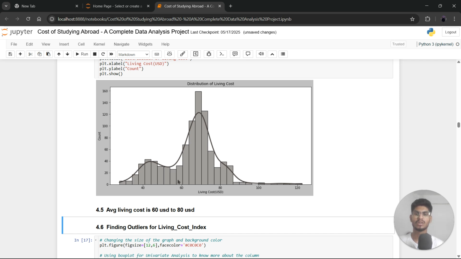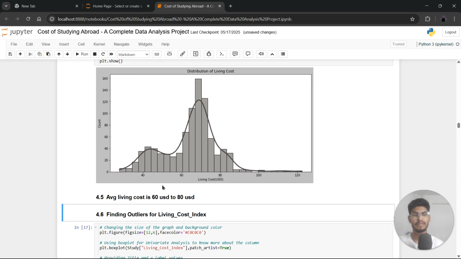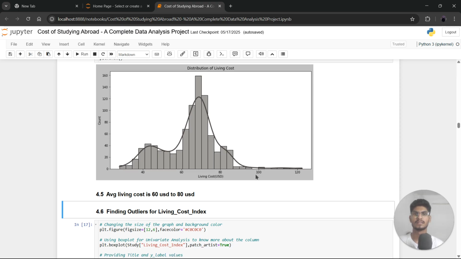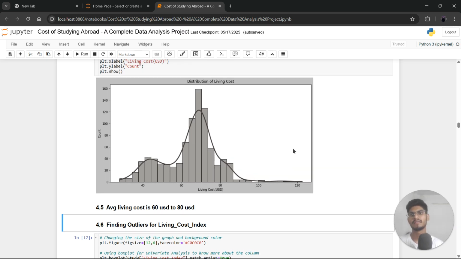The reason is quite simple: by knowing the distribution of the data set, we can get to know about the average things, the highest purchasing things. Because the data is different, we are looking for the cost of studying abroad.